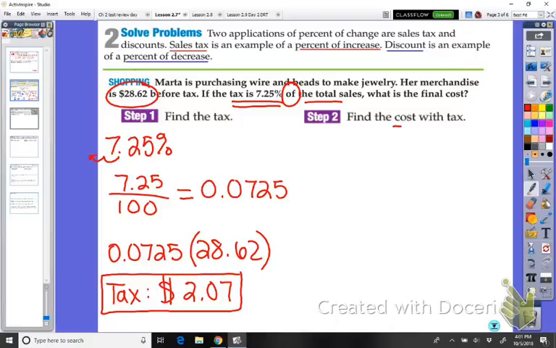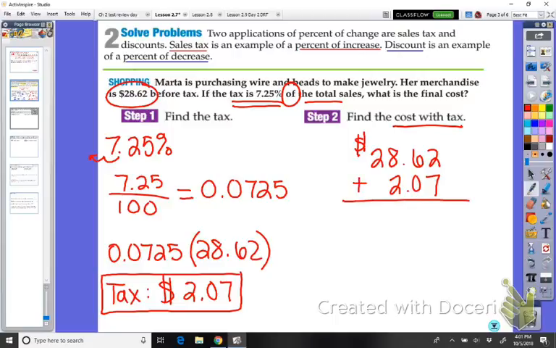Then to find the cost with the tax, we take our original cost, $28.62, and add on sales tax. So our final total would be $30.69.